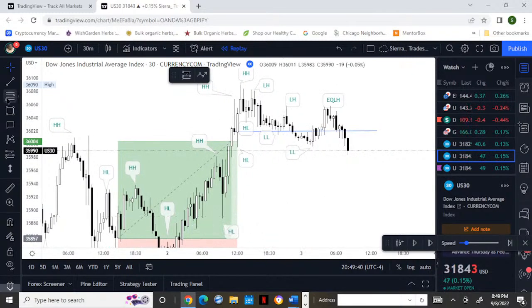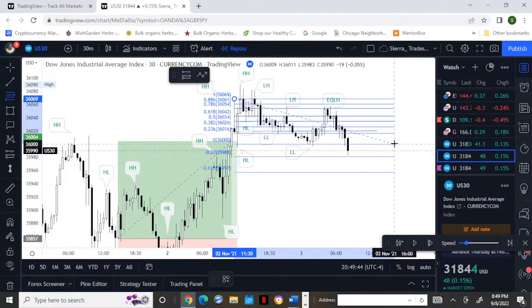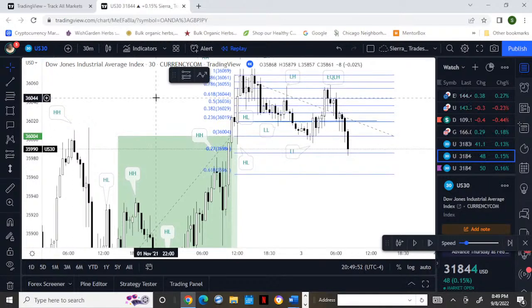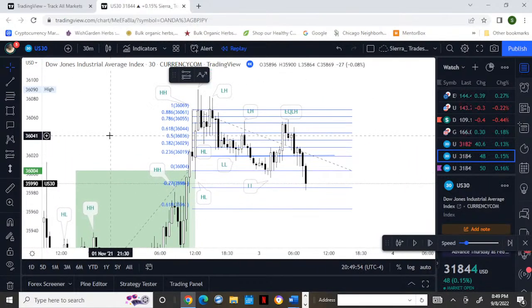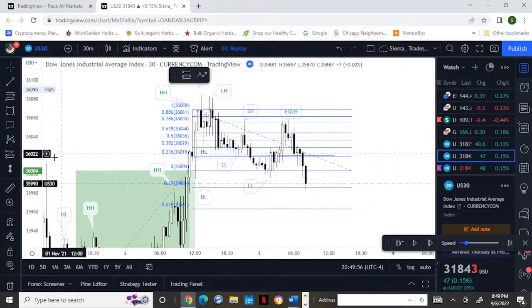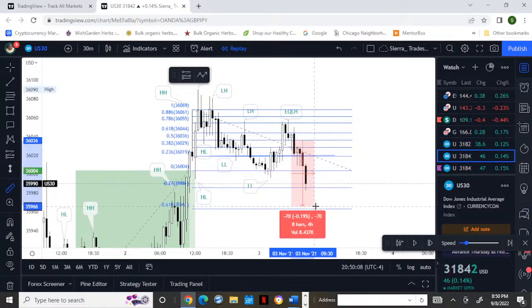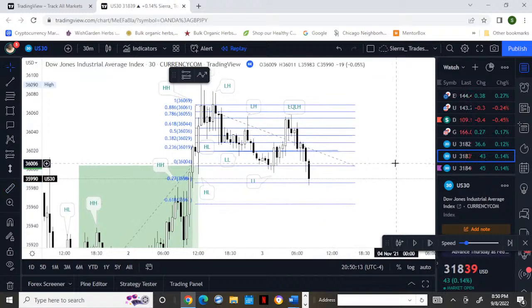All right, so we're going to let this minor fib here finish. See where price is going to go before it comes back. And if you caught this, then it would have definitely been from here after this push down of a candle. And price came back to 76, so it should come back to 618.